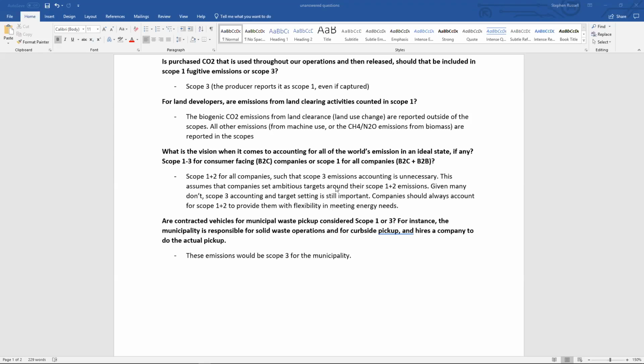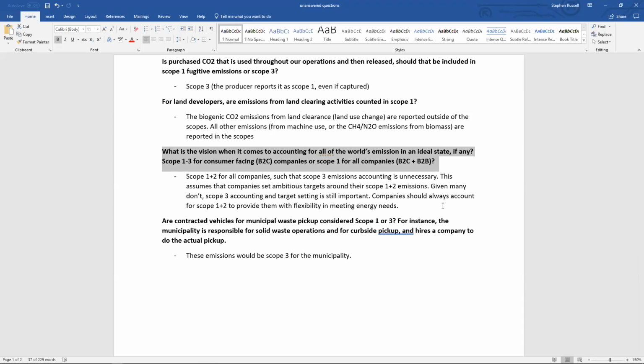A third question here asked, what is the vision when it comes to accounting for all of the world's emissions in an ideal state, if any? Ideally, every company would be reporting their Scope 1 and 2 emissions such that companies don't need to account for their Scope 3 emissions.